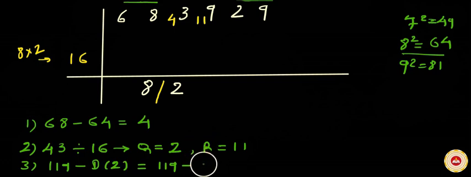Duplex of 2 is 4, because we calculate duplex of a single digit by just squaring it. So 2 squared is 4. So 119 minus 4 is 115. Correct? So this 115 is net dividend.